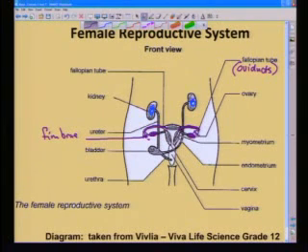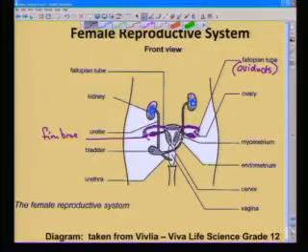So the uterus over here is made up of the endometrium and the myometrium, and the perimetrium would be the outside. Okay, metrium, not cardium. What am I talking about? The heart, metrium. So your perimetrium is on the outside.